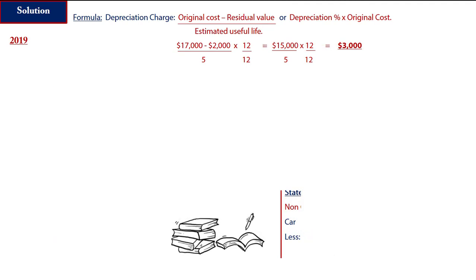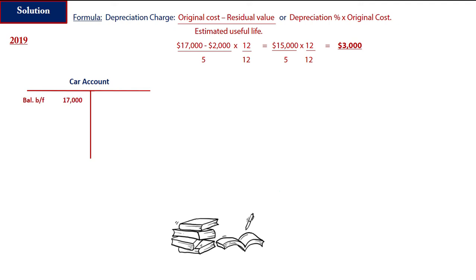With 2019, the depreciation charge will be 17,000 minus 2,000, divided by 5. Now it's a full year, so the depreciation charge will be $3,000. When we open the car account, there was a balance coming from 2018, which was 17,000. We bring the balance here as balance brought forward. If you see balance b/f in accounting, it means balance brought forward.